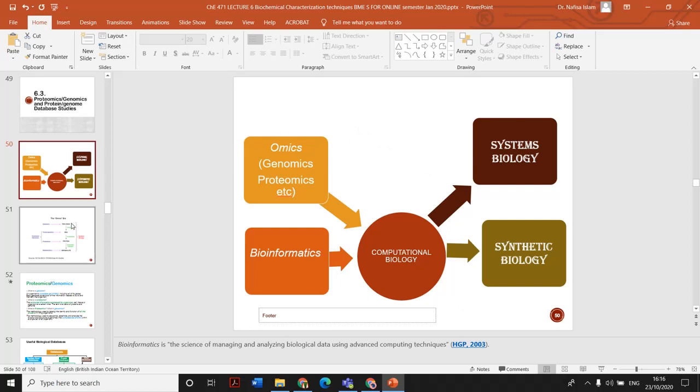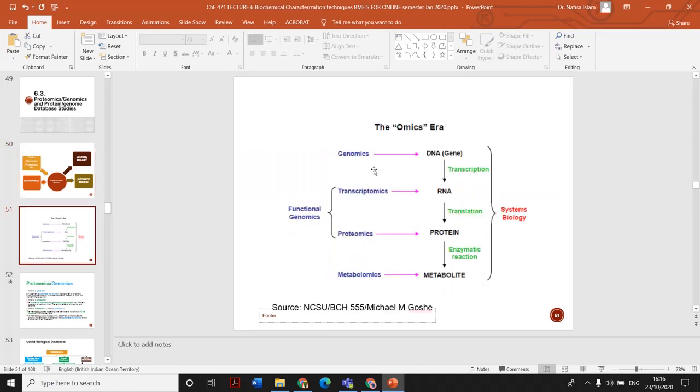Let's focus on the omics for our part of the syllabus. So you've all heard of the human genome project. That basically mapped every possible gene in the human being. And there are a lot of other genome projects going on. So what is genomics? Genomics is the compilation of all the data from all the genes of an organism or of any organisms.